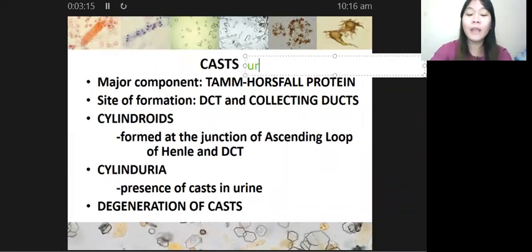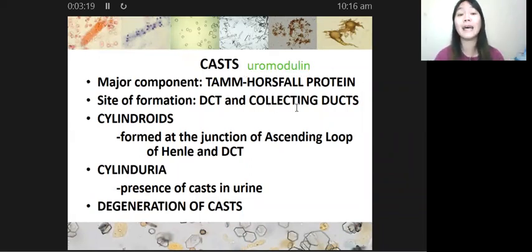So we have uromodulin. Wag kakalimutan class ha. Take note, the other name of your Tamm-Horsfall protein is your uromodulin. So balikan natin yung definition na binigay ko kanina. It is formed as a result of the precipitation or gelation of your uromodulin.